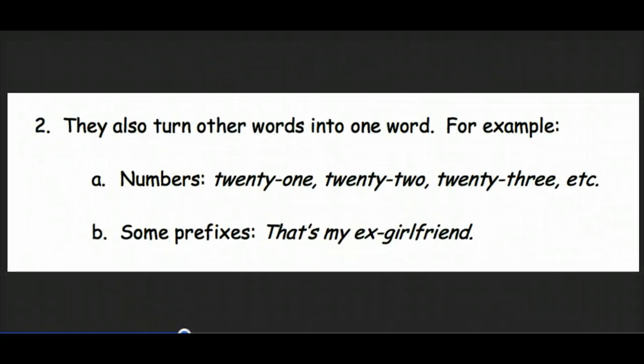So that's how we use the hyphen for compound words, but they also turn other words into one word. So numbers such as 21, 22, 23, and also some prefixes, depending on how you like to say that word. That's my ex-girlfriend: the prefix ex, then we have a hyphen and then girlfriend.